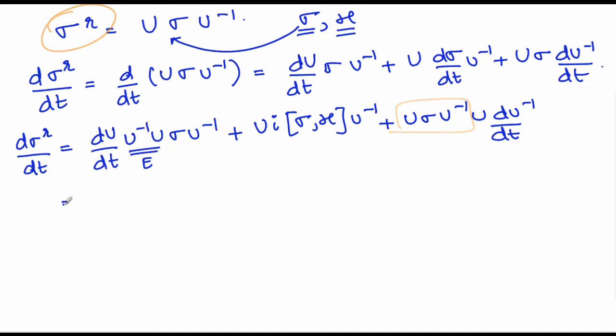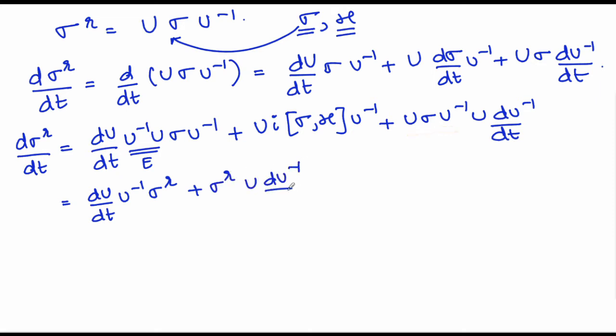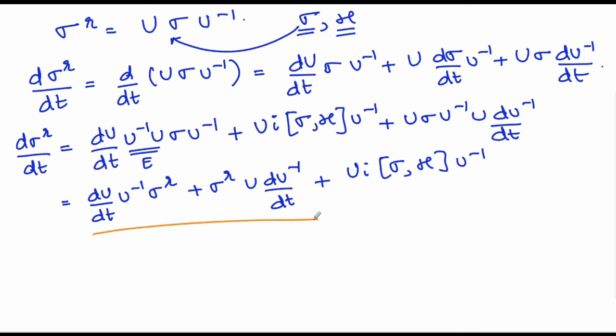So therefore, this is going to become dU by dt U inverse sigma R. Once again, you have plus sigma R U dU inverse by dt plus U minus i commutator of sigma, Hamiltonian U inverse. So now we are able to see these two terms look quite similar to each other.